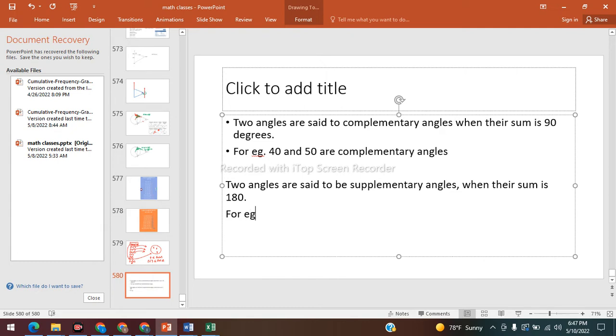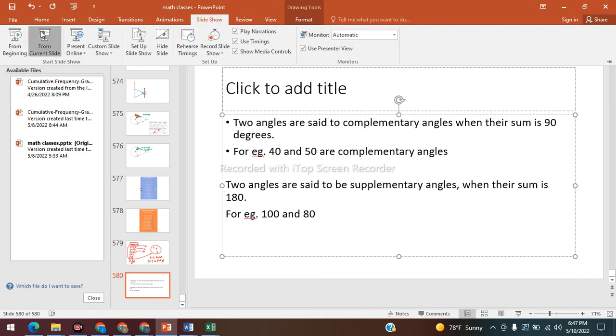For example, 180. So that's what complementary angles and supplementary angles are.